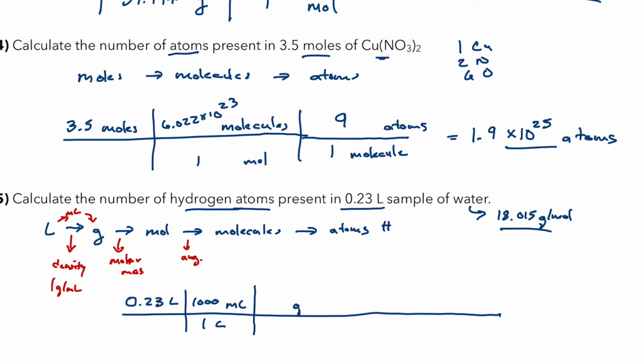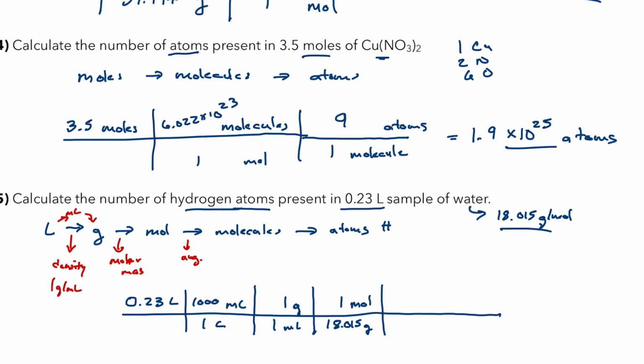Luckily, the density for water in this case, or I mean, in any case, is easy. It's 1 gram per 1 milliliter. Awesome. If you had another substance and we provided you the density, you would just have to change that value. 1 gram per milliliter. Next, we need to go to moles. So moles, 1 mole, molar mass we calculated, 18.015 grams.